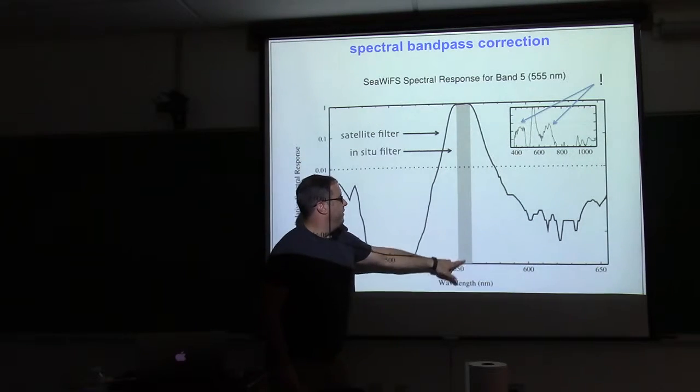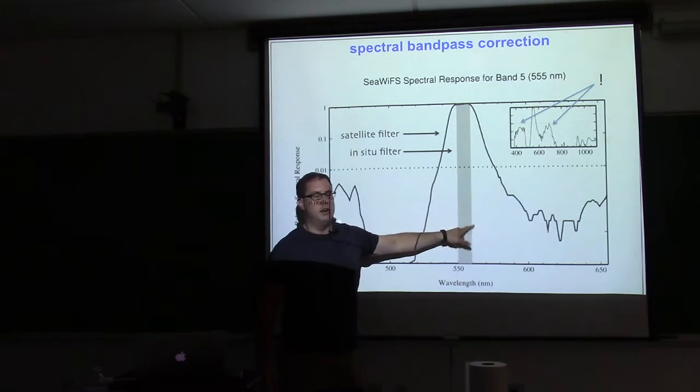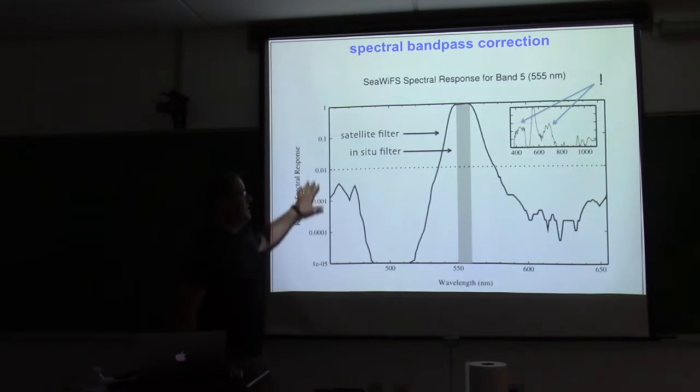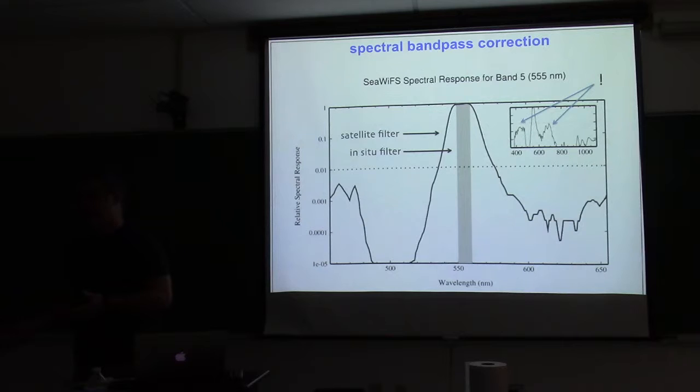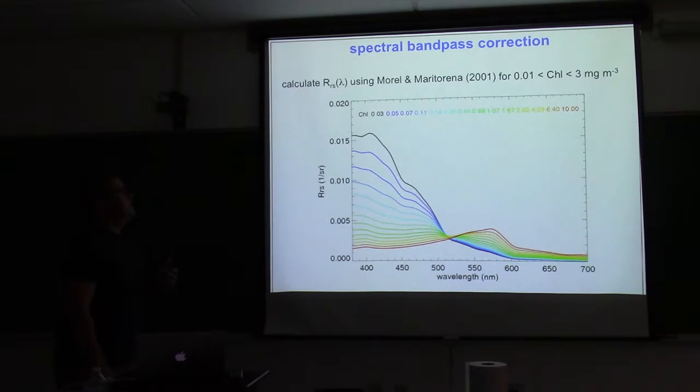What you're seeing in the field is represented by this gray cone. What the satellite is actually seeing is much, much different. And so you need to apply a correction for this. Otherwise, you're introducing uncertainty in your validation and your algorithm data relative to what the satellite is actually seeing. And so we do our best to correct for it.